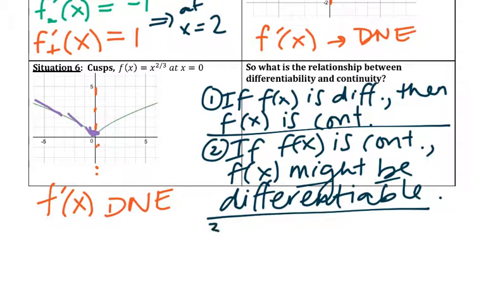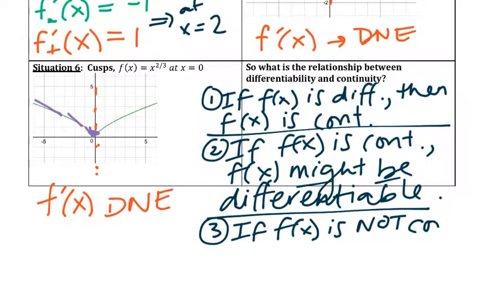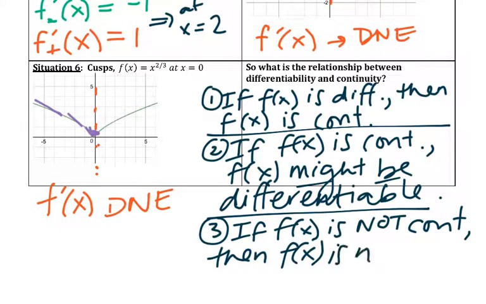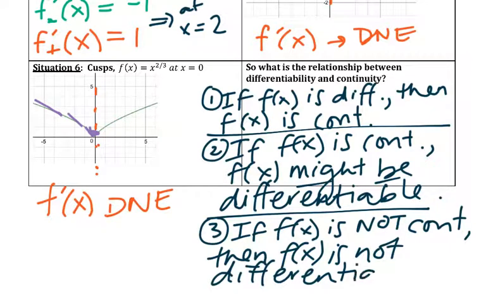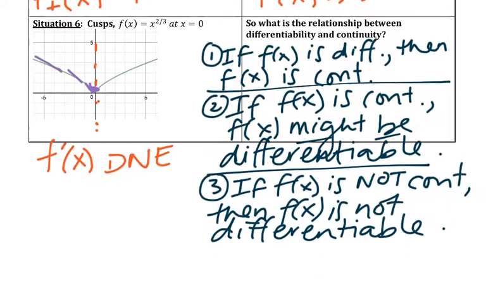The third way we want to think about this is if f of x is not continuous, then f of x is not differentiable, as we saw in some of the earlier situations and examples.